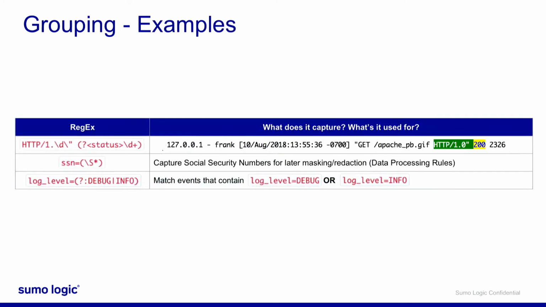Grouping examples. I think the first example here illustrates a really important point. A lot of users, when they first get into regular expressions, feel like they have to write an expression that matches the entire first line or the entire event. Match it only to the point where it is specific enough to extract out the value you're interested in.